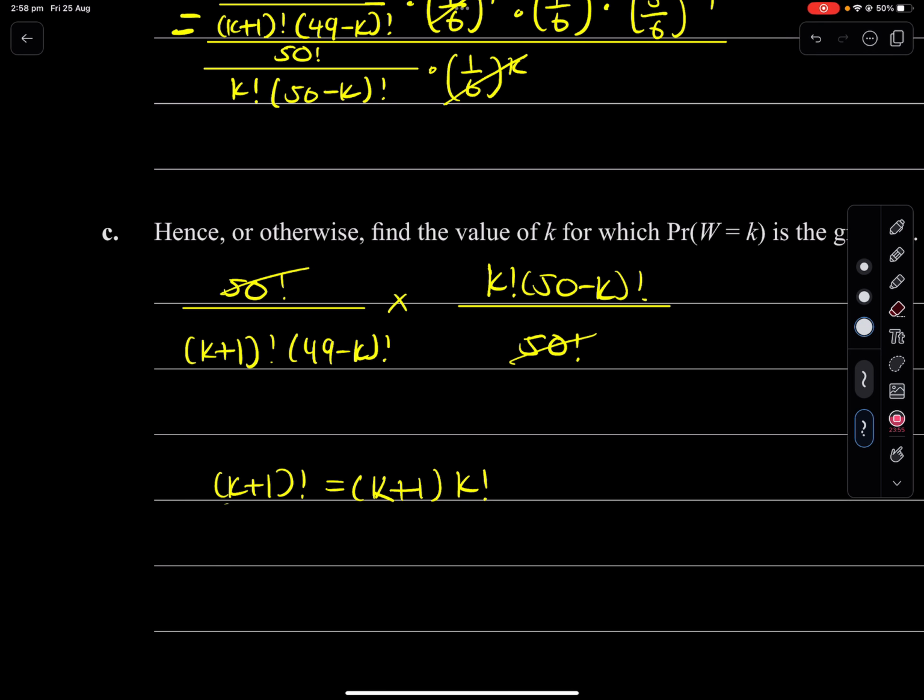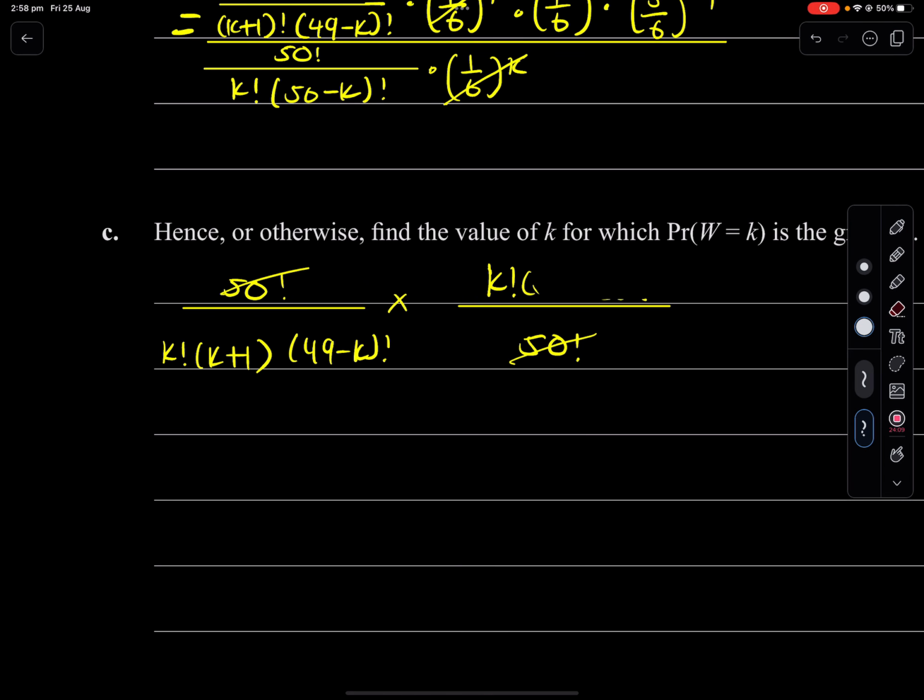So we can say this over here can be simplified to k factorial times (k plus 1). And it can be done for this other part here. What's (50 minus k) factorial? Well, keep that inside function, which is 50 minus k, and imagine minusing 1 from it.